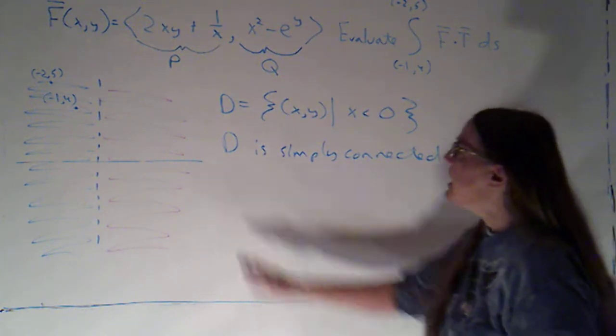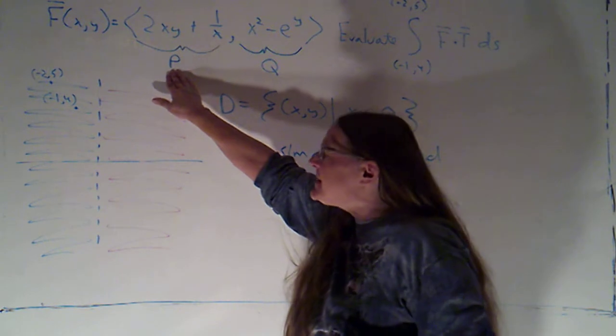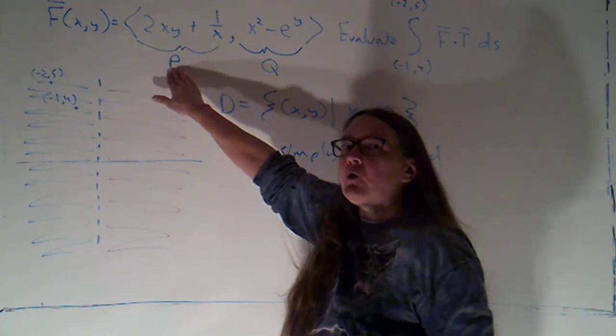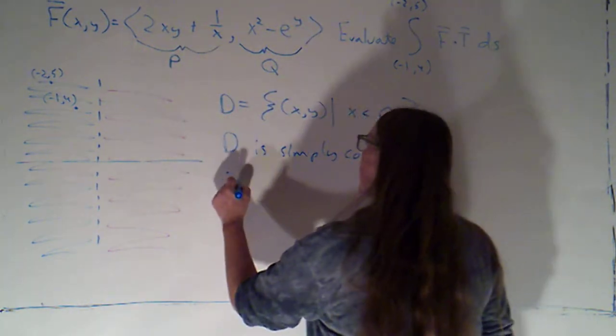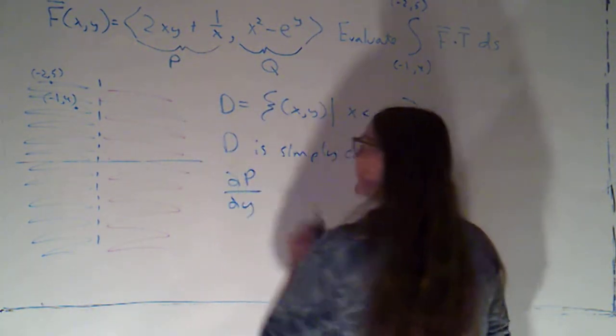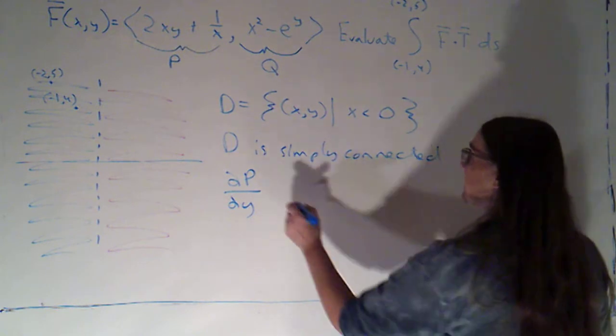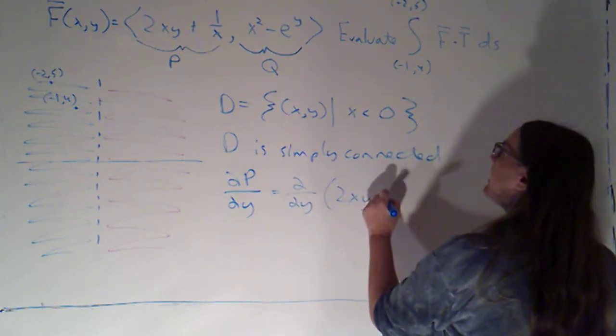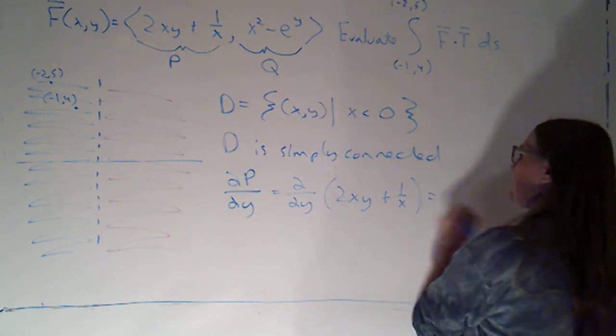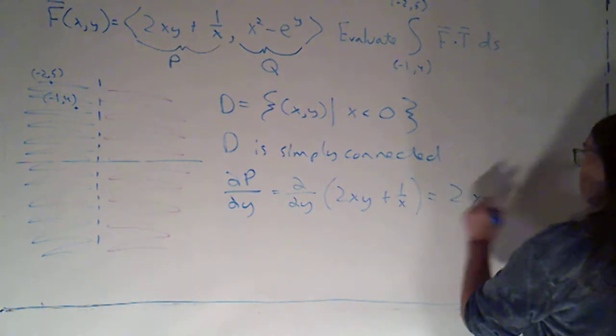So remember, if this is conservative, P is already the partial of my potential function with respect to x. So I want to take the partial of it with respect to y if I want to get to a mixed partial. So we're taking the partial with respect to y of 2xy plus 1 over x. And that's just going to be 2x.